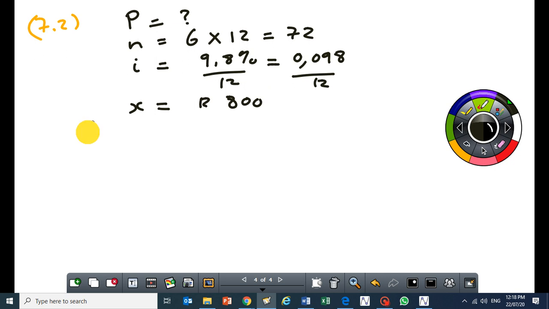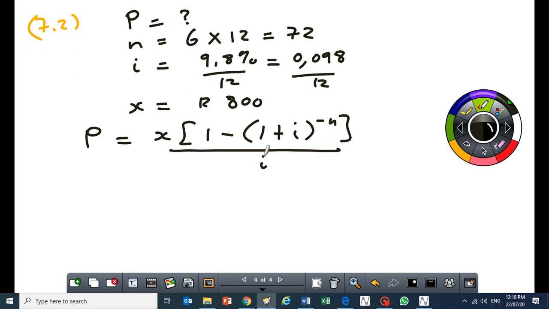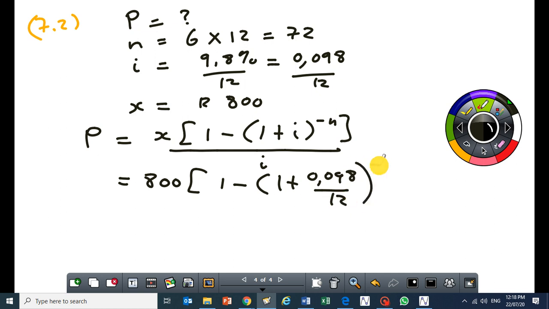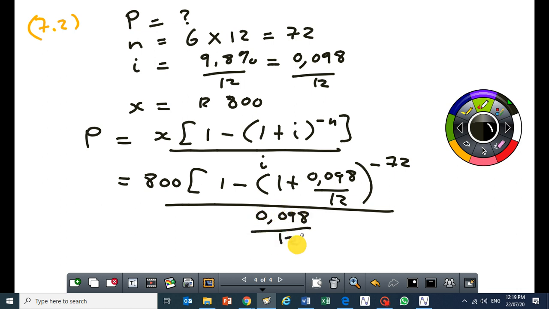Like so, if you write P is going to be equal to x times 1 minus 1 plus i raised to the power of minus n, all over i. Okay, so you have 800 times 1 minus 1 plus 0.098 over 12 raised to the power of minus 72, all over 0.098 divided by 12.